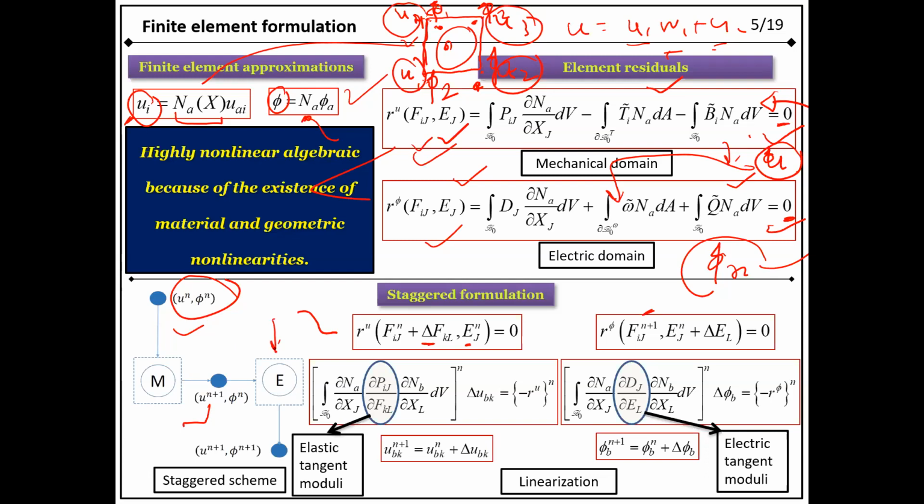Then we solve the second equation and obtain phi at n plus 1. Again we calculate u at the next step, and then again evaluate phi by using the second equation. In that manner we can solve such nonlinear equations.